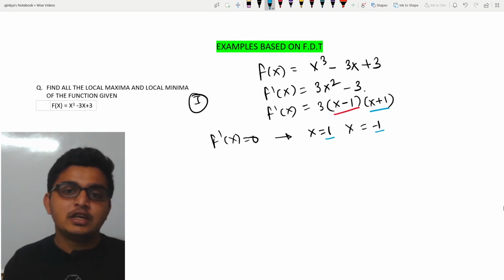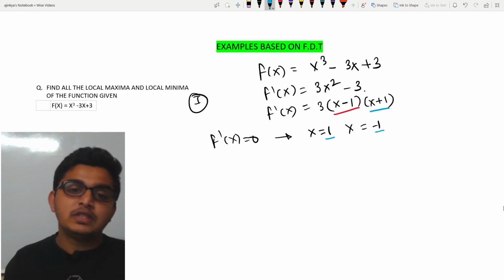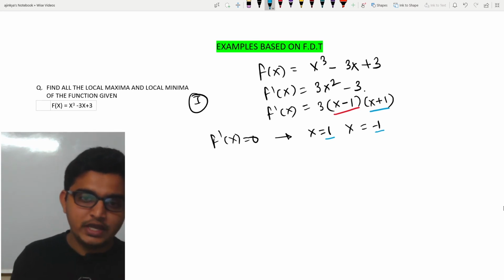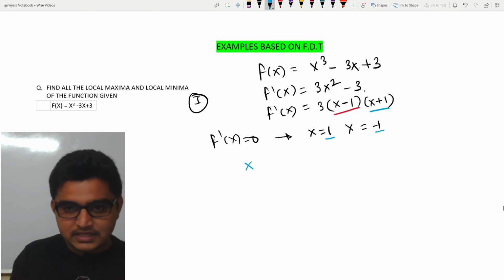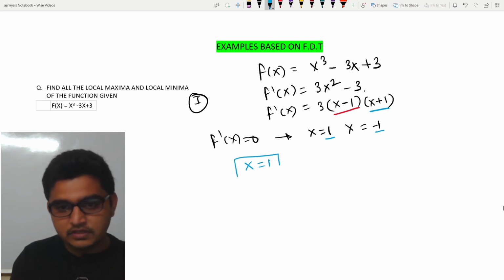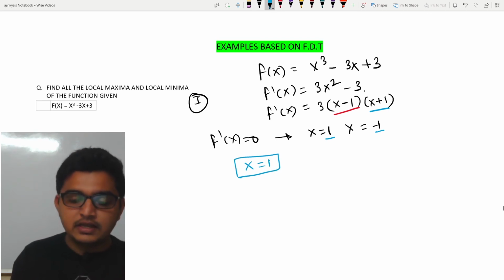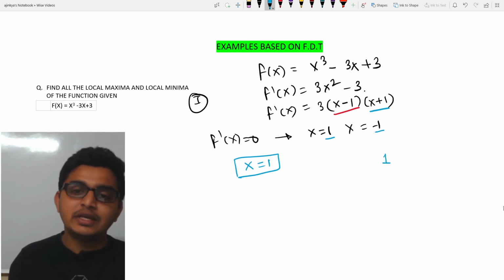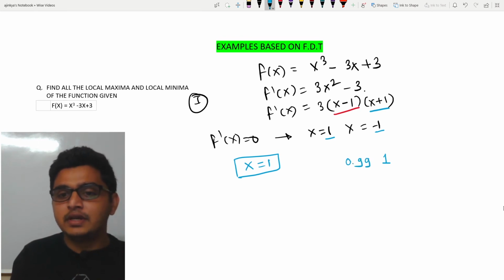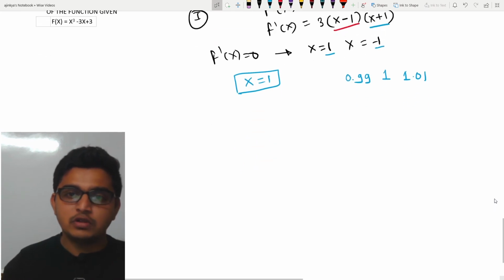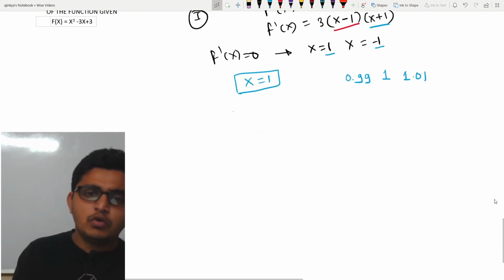Now we'll see by putting in the values with respect to f dash of x, what do we get. We'll take first x equals 1. This is the first case, and let us take two nearest values, which are 0.99 and 1.01. Let's try to solve this. What is f dash of x?